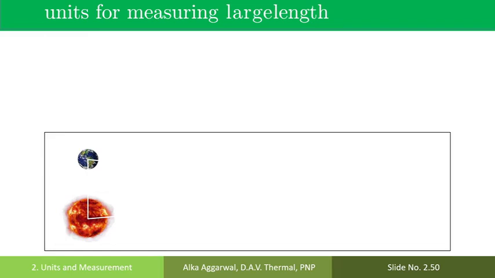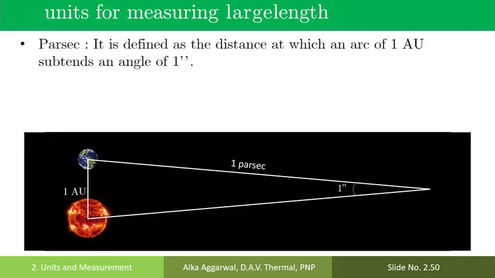The next unit for measuring the large length is a parsec. Parsec is defined as the distance at which an arc of 1 astronomical unit subtends an angle of 1 second. Say it is an arc of 1 astronomical unit.